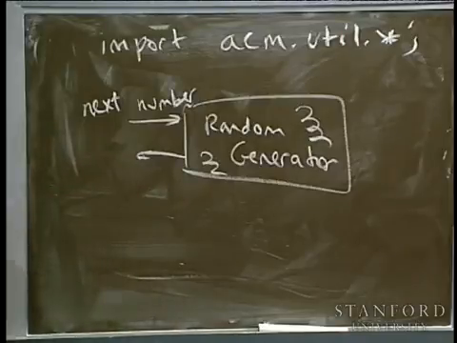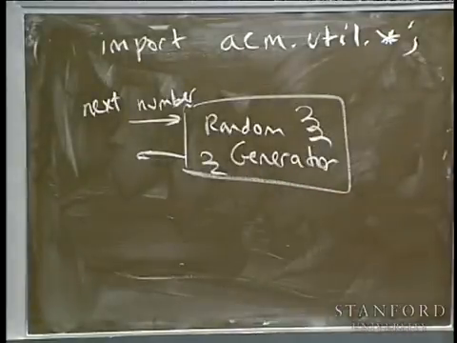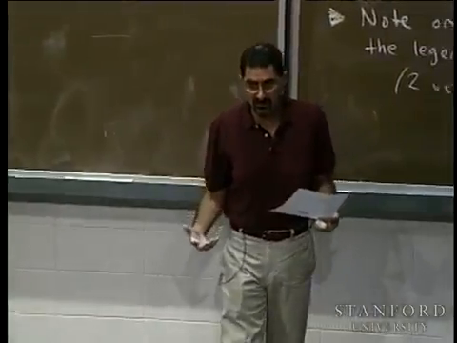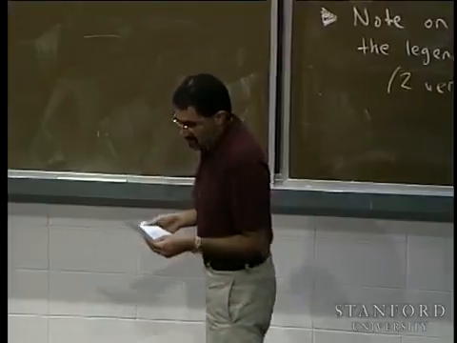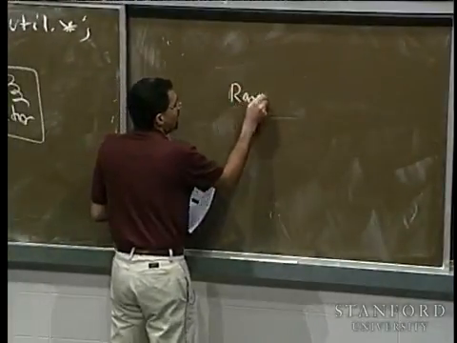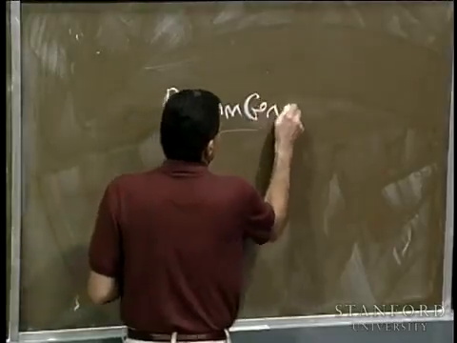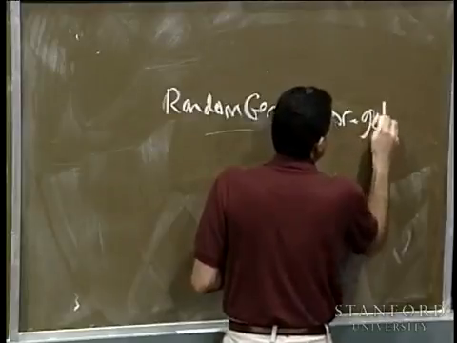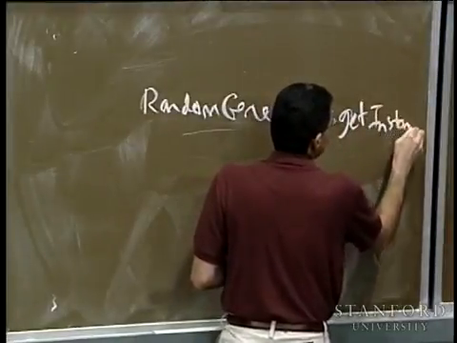Okay? The funky thing about a random generator is that it is a class, but rather than like most classes before, where when we wanted an object of that class we said new and you got a new object of that class, random generator is a little bit different. What you actually say is RandomGenerator dot, and the message you send is getInstance, which means give me an instance.